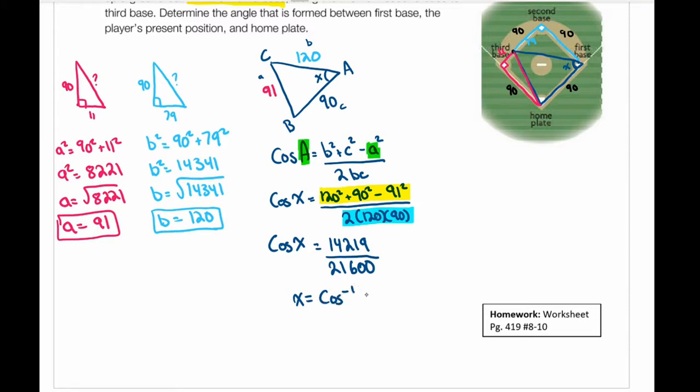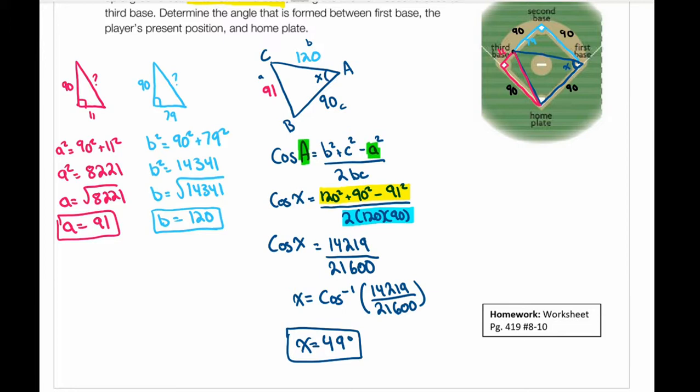To get x by itself, I'm doing the inverse now. The inverse of cosine, when I move it over, it becomes the inverse, and I should know that anytime I'm trying to find an angle, the last step after I've simplified everything should be the angle. So cosine inverse of 14,219 divided by 21,600, I should get an angle of 49 degrees.